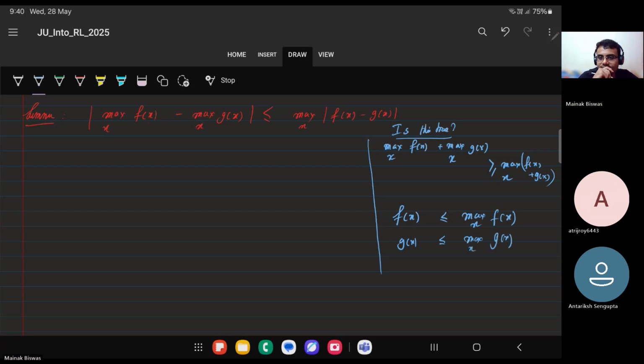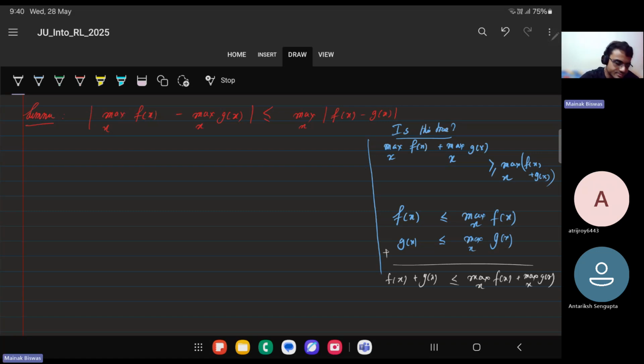Do you agree? Now I add them. The inequality doesn't change because I'm adding. This is what I get.